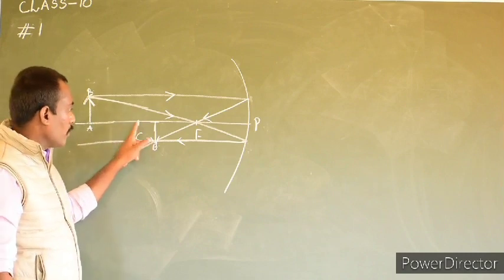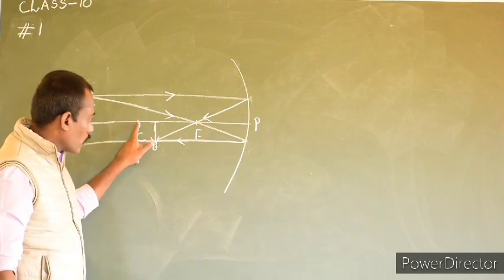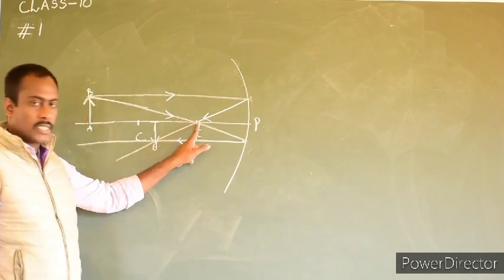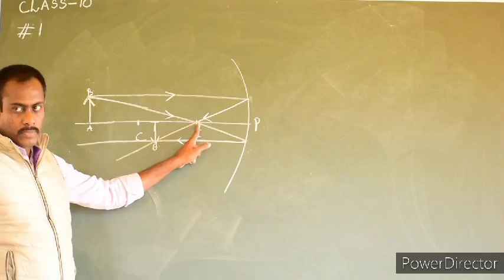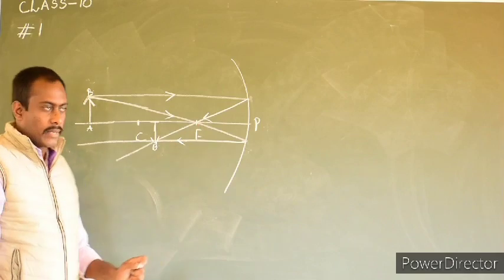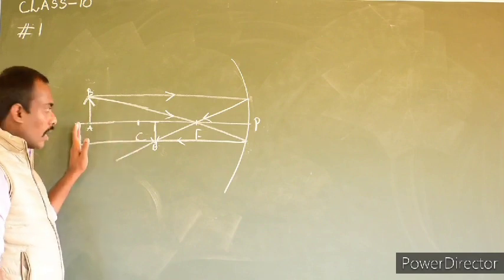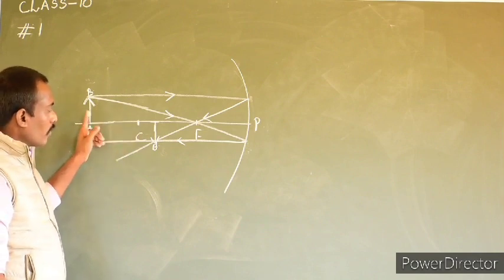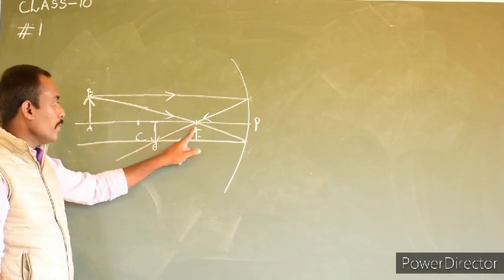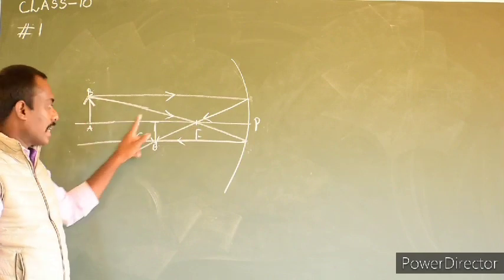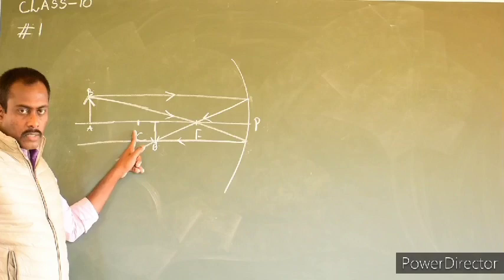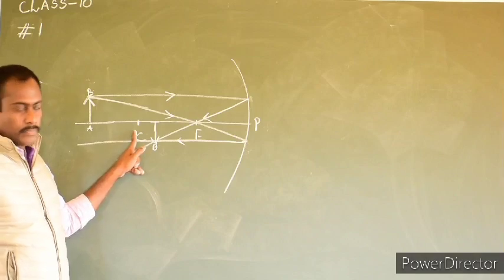The image is formed in between the center of curvature and the principal focus of the mirror. So we can conclude that when an object is kept beyond C, the image will always be formed in between the principal focus and the center of curvature of a concave mirror.